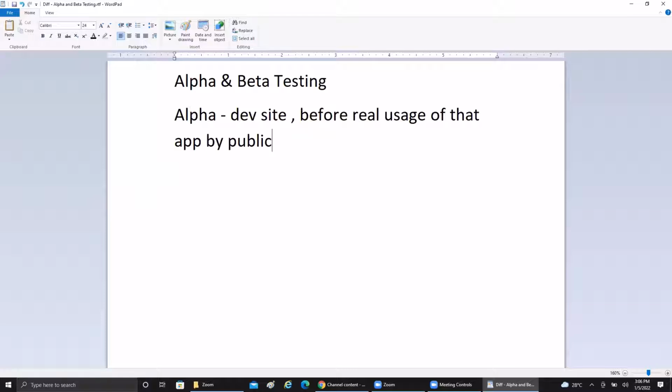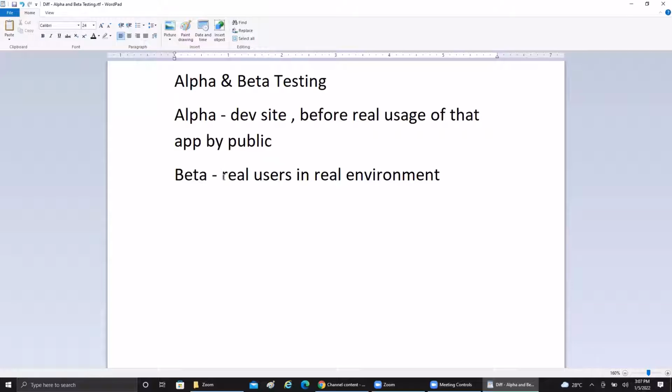Beta testing is also a kind of user acceptance testing, as I told before, but it is going to be performed by real users in a real environment. So you might think the public will be testing here. No, nothing like that.